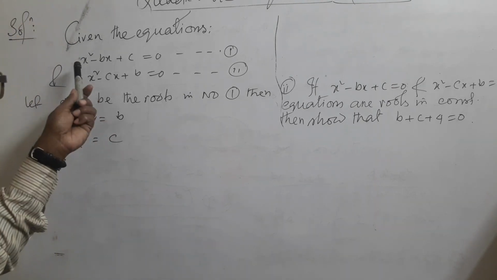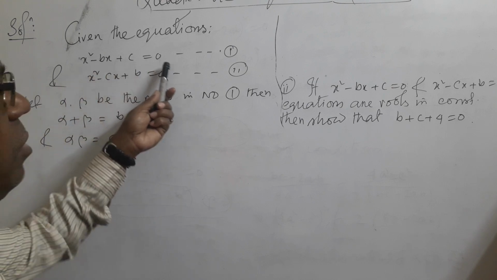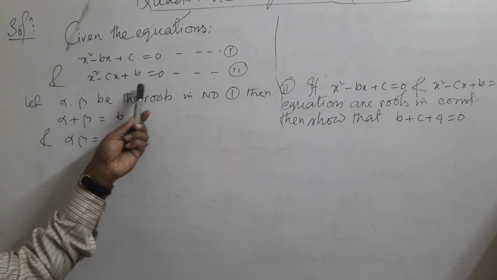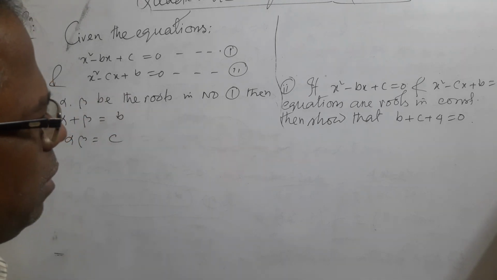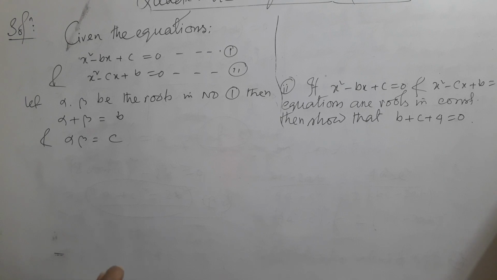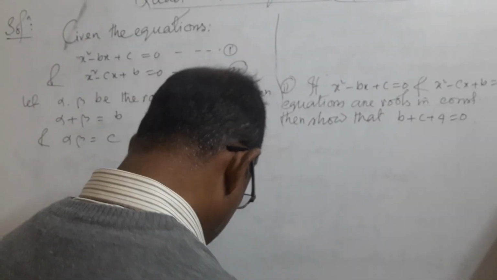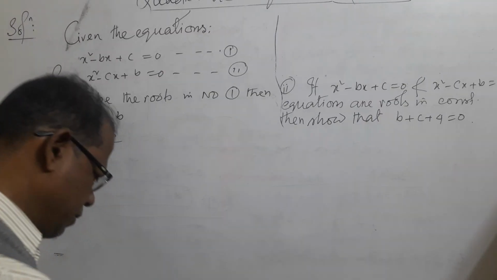First equation, x square minus bx plus c equals 0, and second equation, x square minus cx plus b equals 0. The equations' roots have a constant difference.